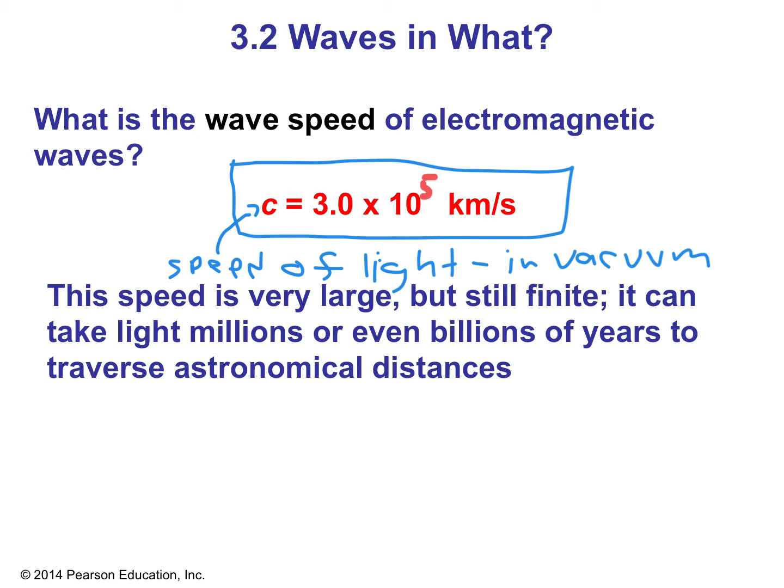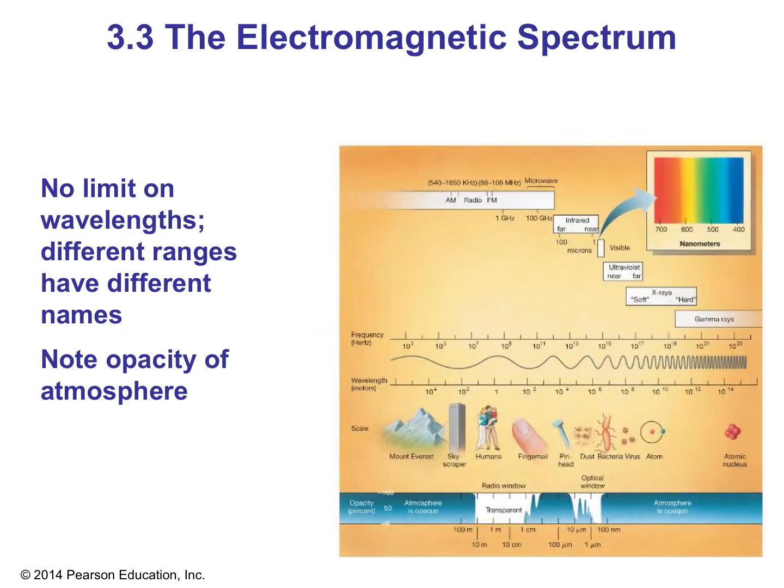But this is the speed of light in vacuum, 3 times 10 to the 5th kilometers per second. Now, fun fact, that's actually the speed limit in our universe. Nothing in our universe that has mass or energy can move faster than that speed, which is kind of crazy when you think about it, that there's a maximum speed in our universe. It's impossible to go faster than that speed. But it's also kind of cool if you think about it too.